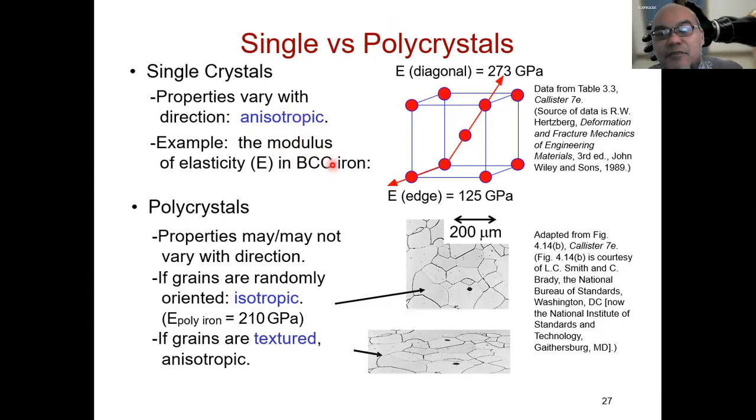An example is the modulus of elasticity E in body-centered cubic iron. The E along the cube diagonal, the 111 direction, is maybe 270 gigapascal, compared to the edge, the 100 direction, which has only 125 gigapascal. Why does the cube diagonal have a larger Young's modulus?